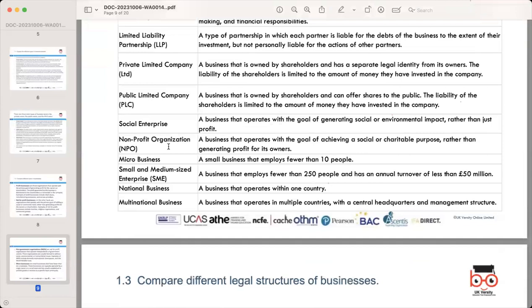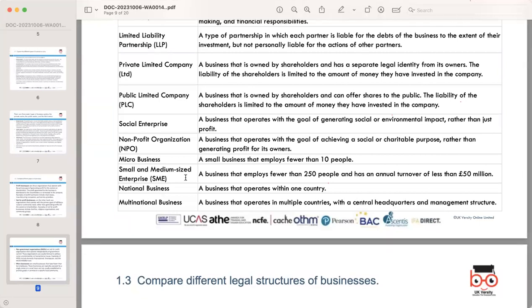Then non-profit organizations, as we discussed above, a business that operates with the goal of achieving a social or charitable purpose. Then micro businesses, again we already discussed, small businesses that employ fewer than 10 people, and SMEs, or small and medium enterprises, a business that employs fewer than 250 people and has an annual turnover of less than 50 million.